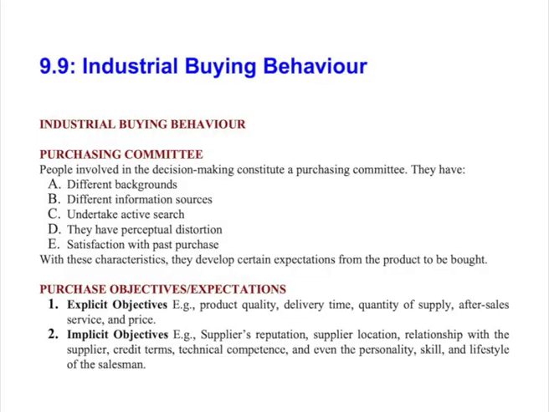So, the purchase objectives or expectations could be explicit objectives, where we are talking in terms of delivery, quantity, number of items, price, etc., or even implicit objectives. For example, what is the supplier's reputation, where are they located, and so on and so forth.